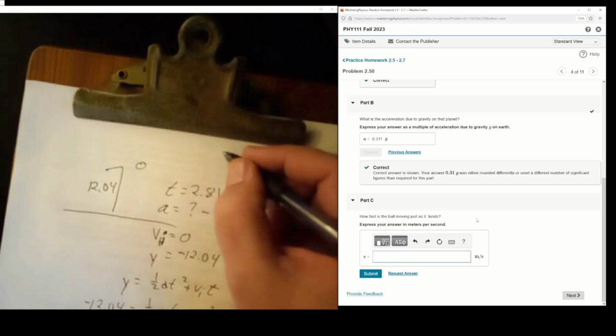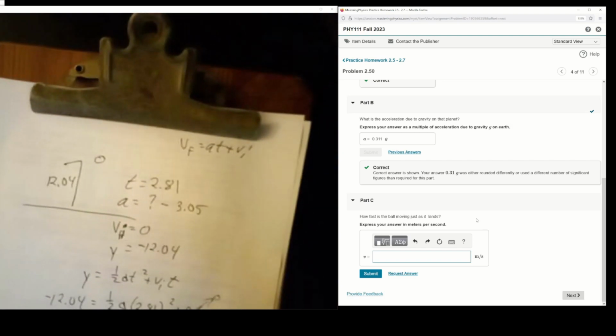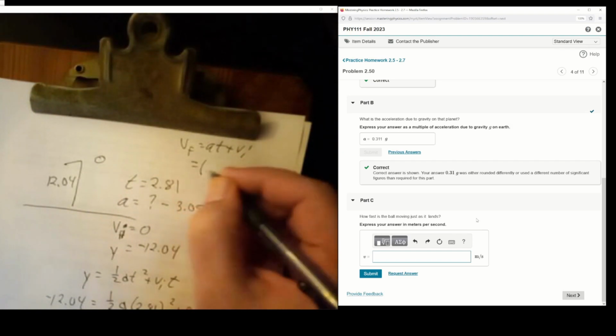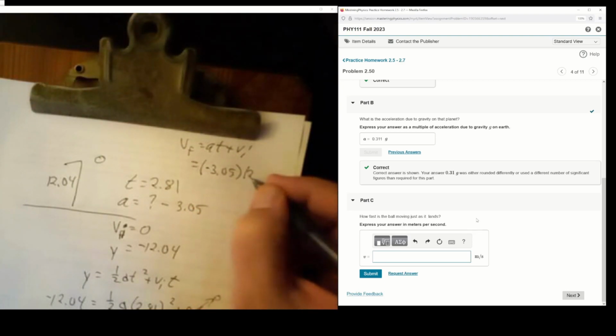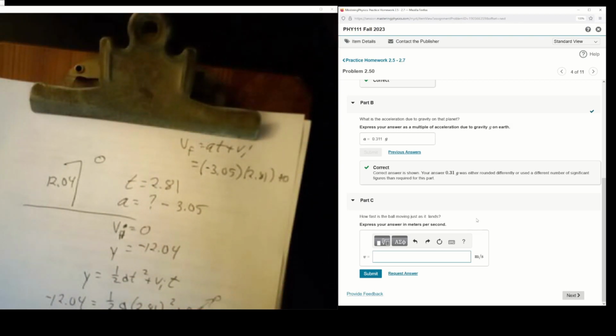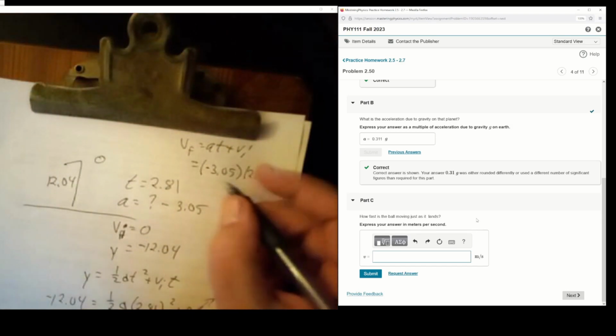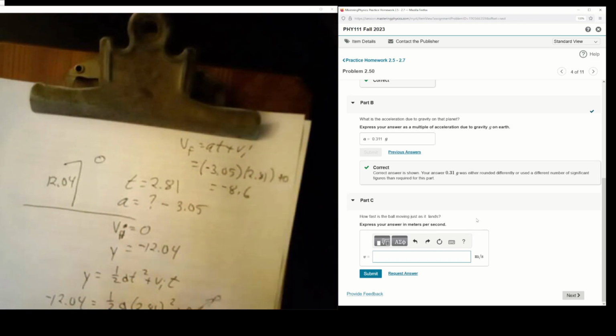I guess I'll just write it up here. The easiest equation to use would be this one. And just plug our stuff in with the minus sign. And our initial is 0. And I guess here goes another scary test.